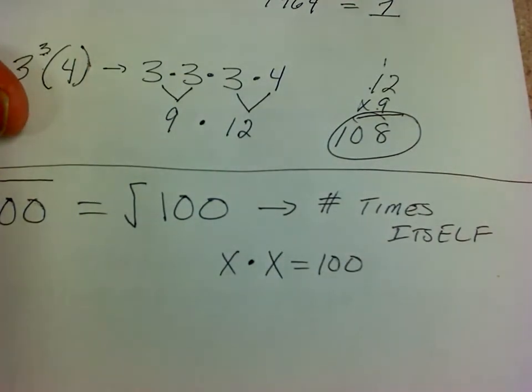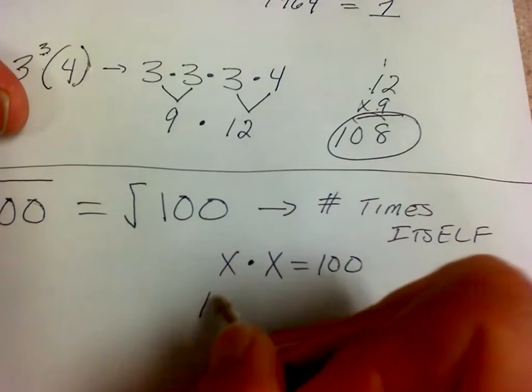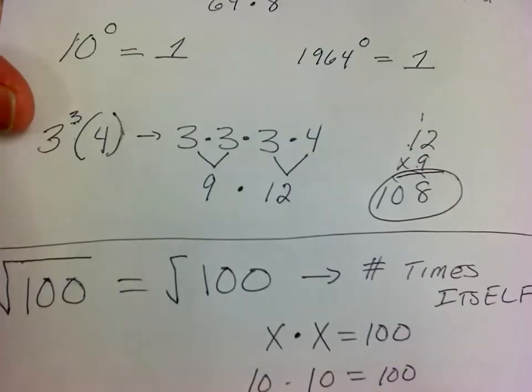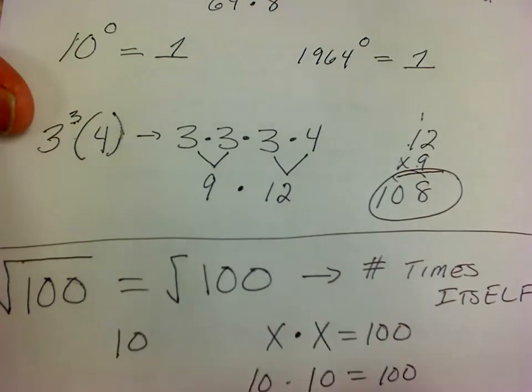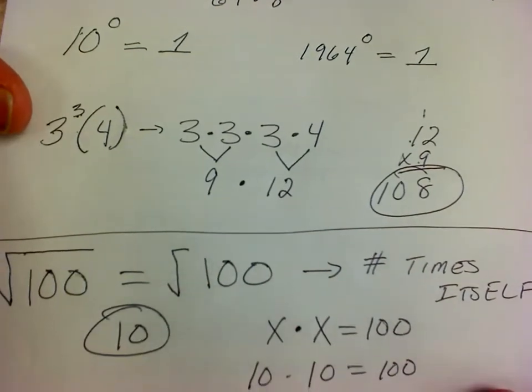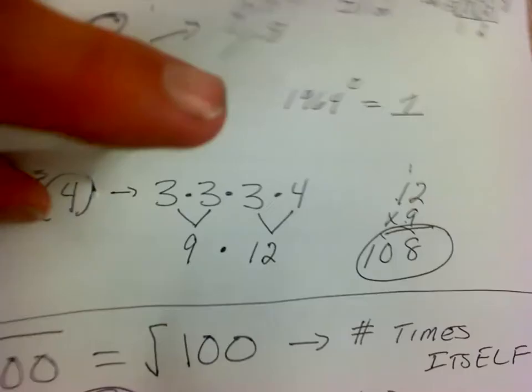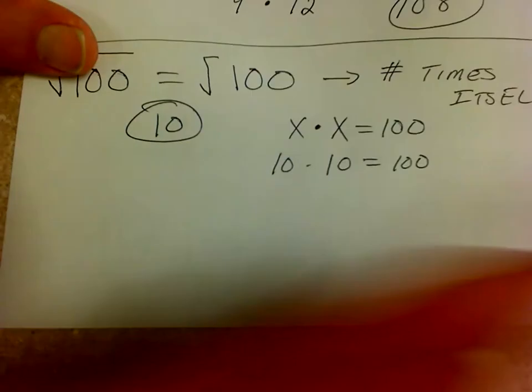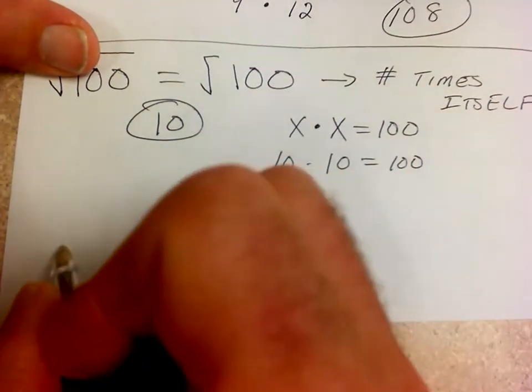Most of us can whip that right off the top of our head: 10 times 10. So the square root of 100 is 10, because 10 times 10 is equivalent to 100. It really doesn't get much more complicated than that. We just throw in some bigger numbers or some different numbers.